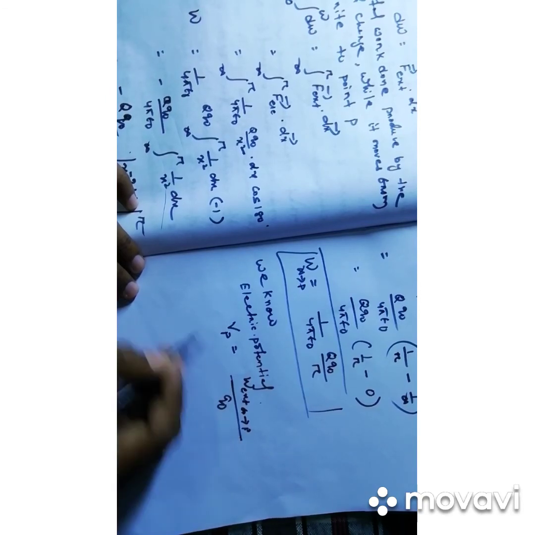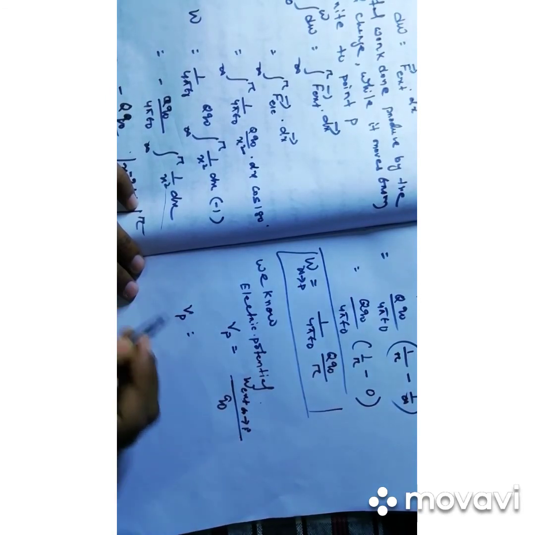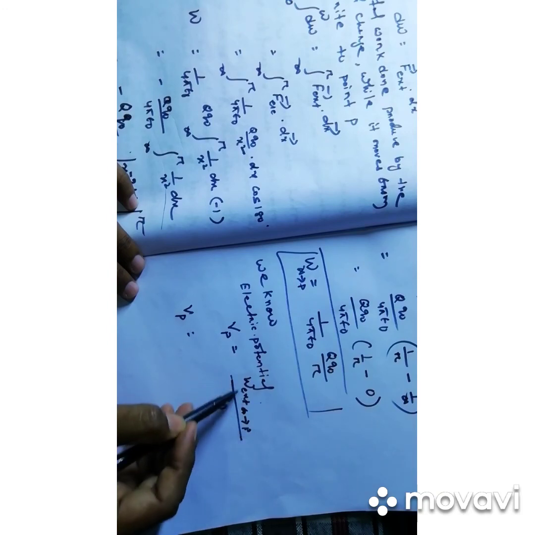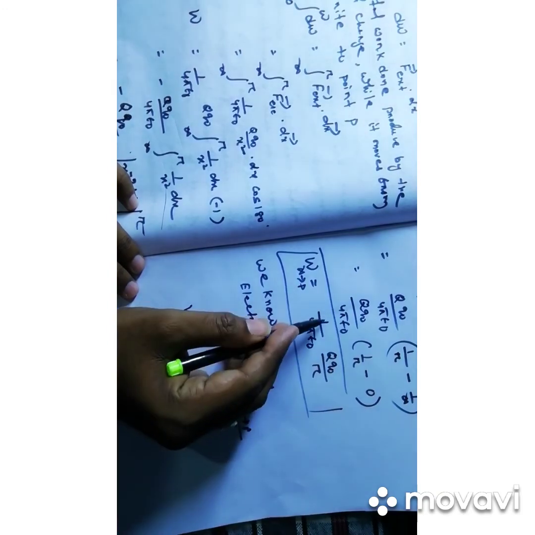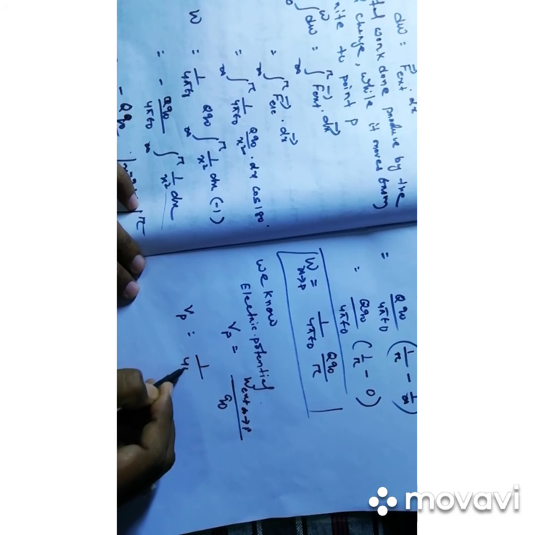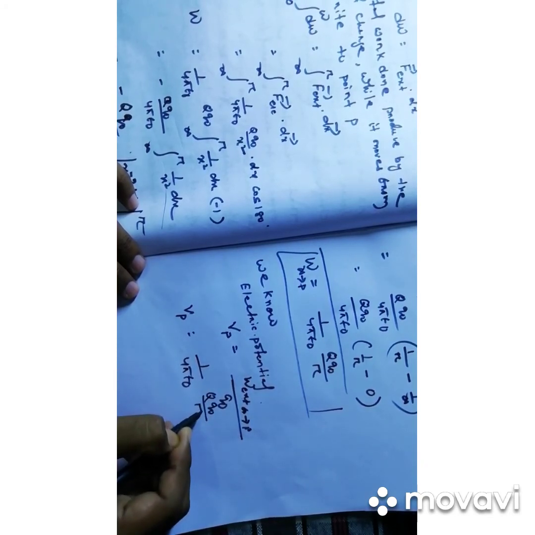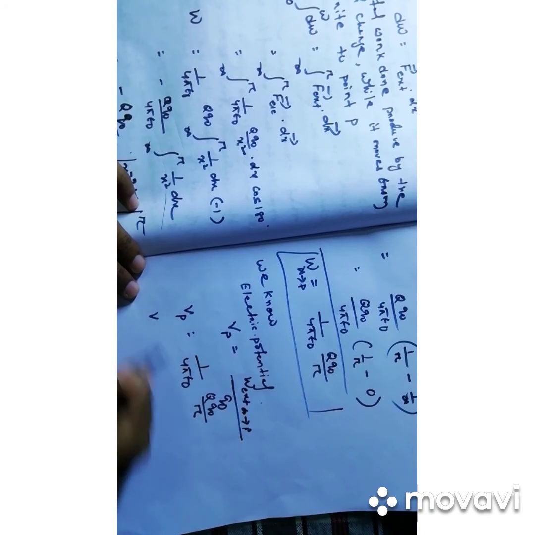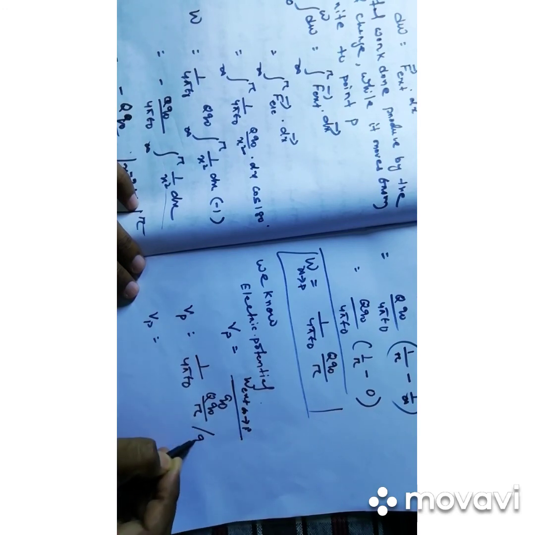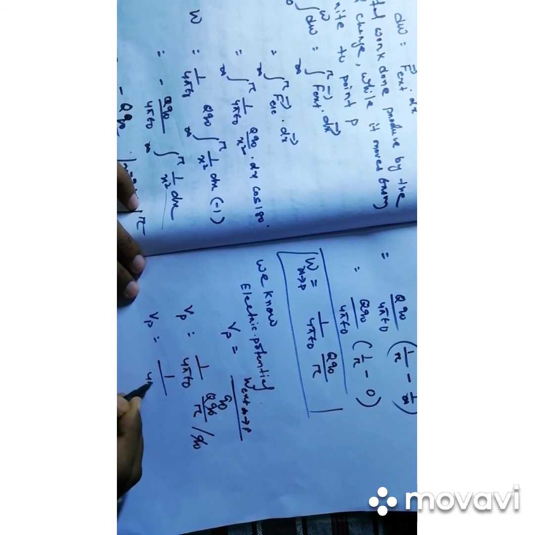So here you write Vp equal to, if you put the value of W external, 1 by 4 pi epsilon naught Q naught by R. In that case we divide by Q naught, so Q naught cancels out, so Vp equal to 1 by 4 pi epsilon naught Q by R.